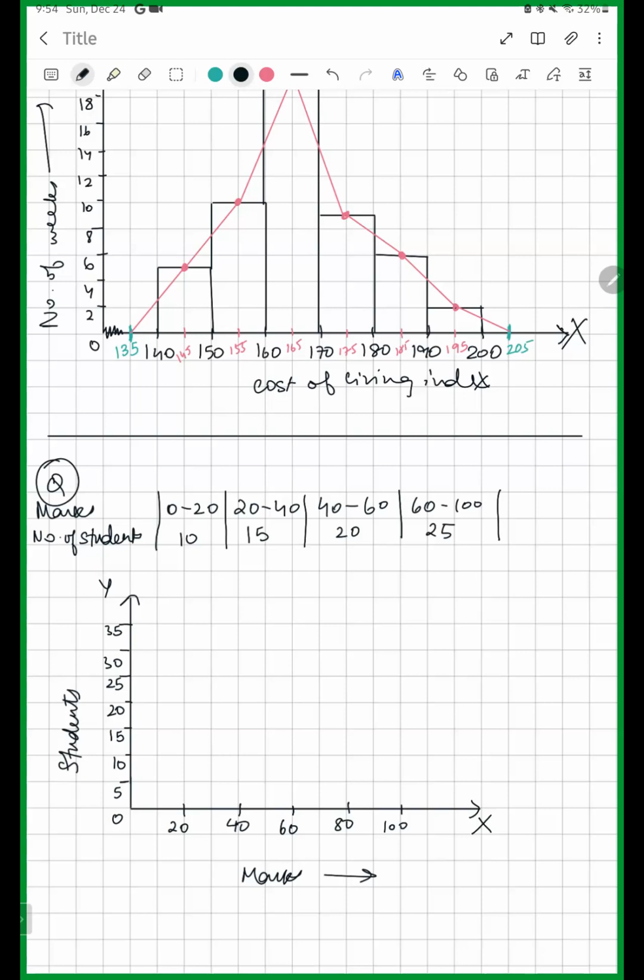So 0 to 20, they have marked it at 10. 20 to 40, they have marked it at 15. Then 40 to 60, they have marked it at 20. Then 60 to 100, they have marked it at 25.